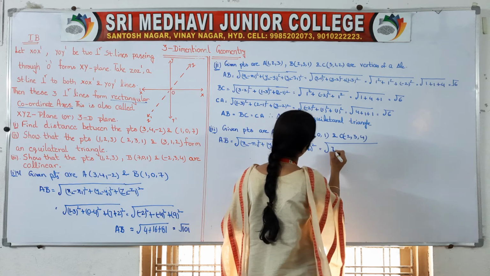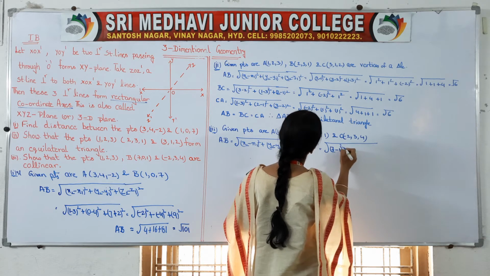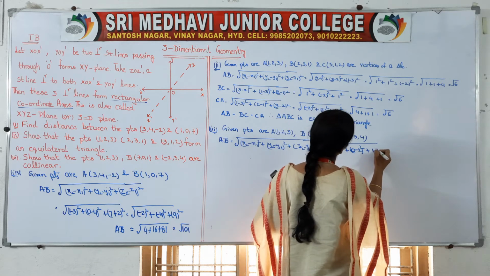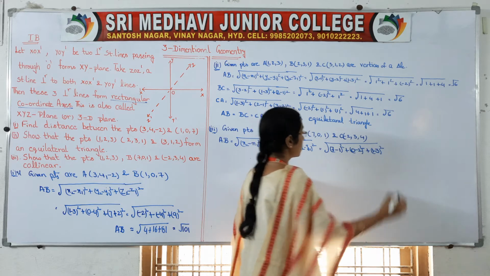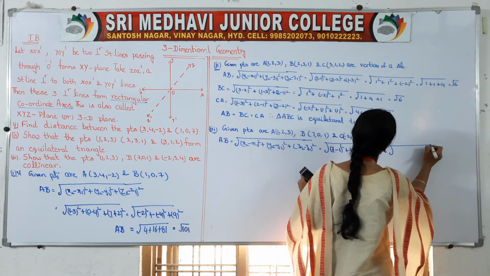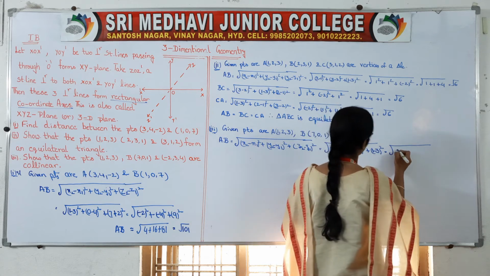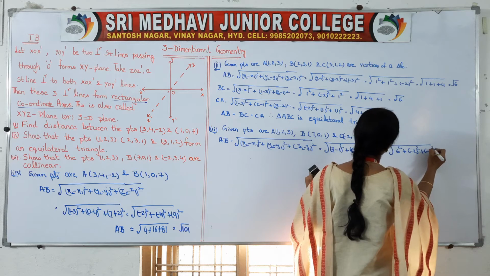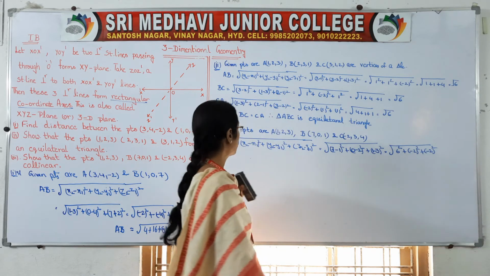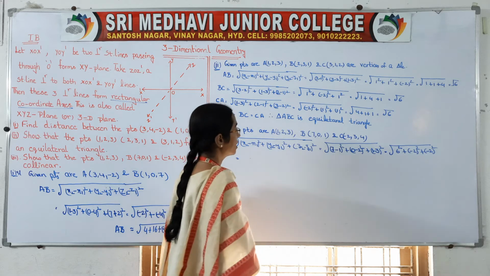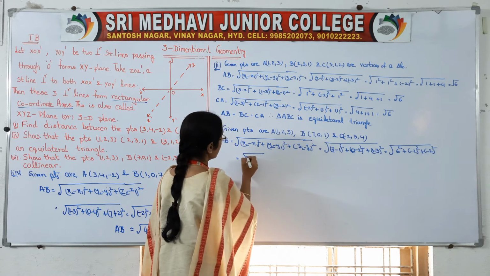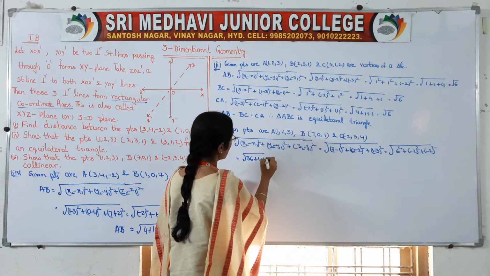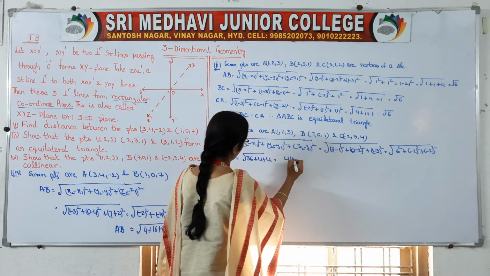So it is root of 7 minus 1 whole square, 0 minus 2 whole square plus 1 minus 3 whole square. That is root of 6 square plus minus 2 square plus minus 2 square, which is 36 plus 4 plus 4, it is 44.